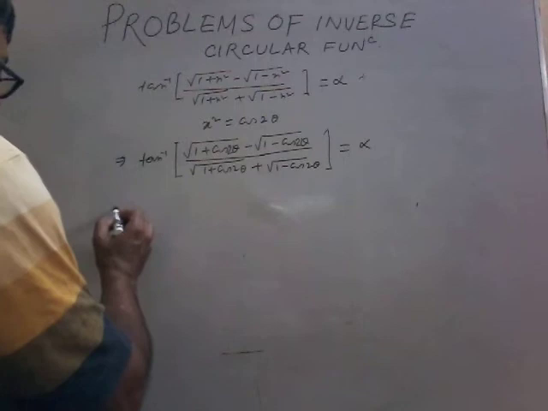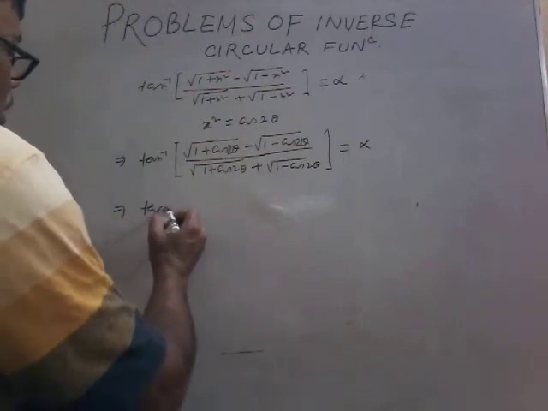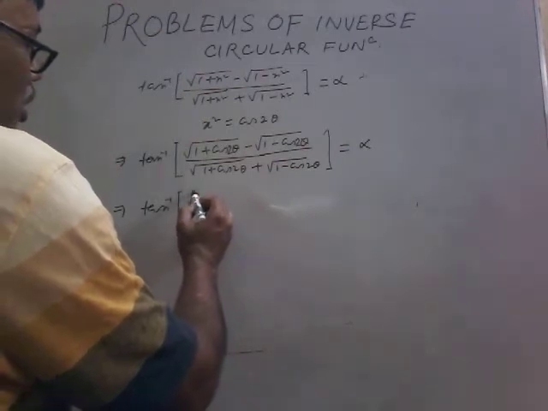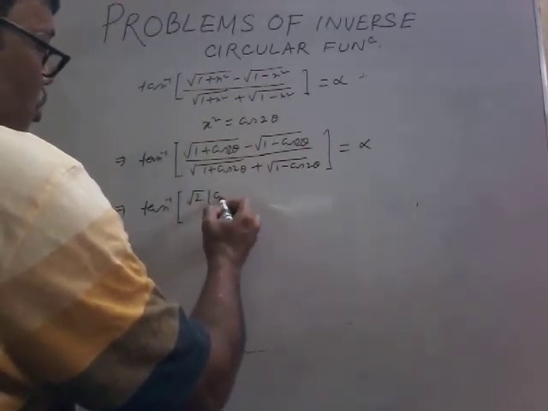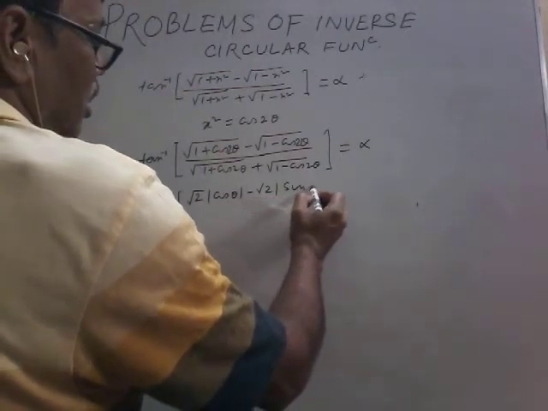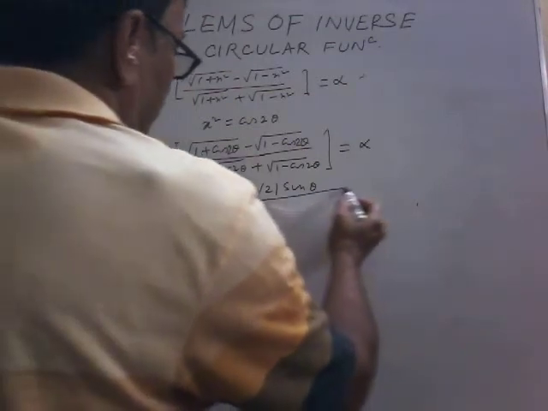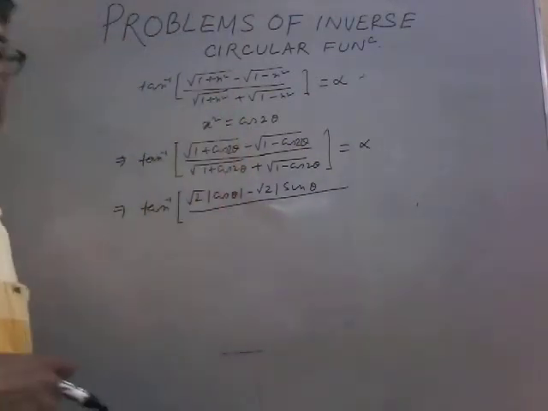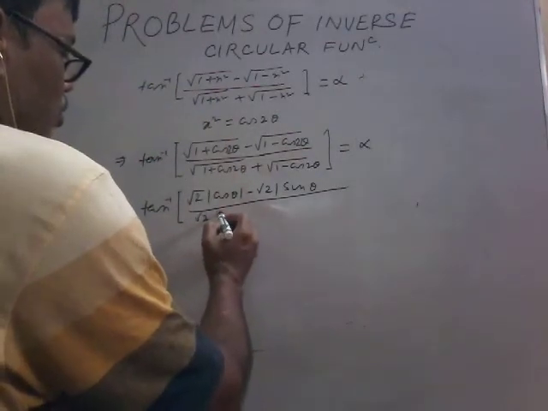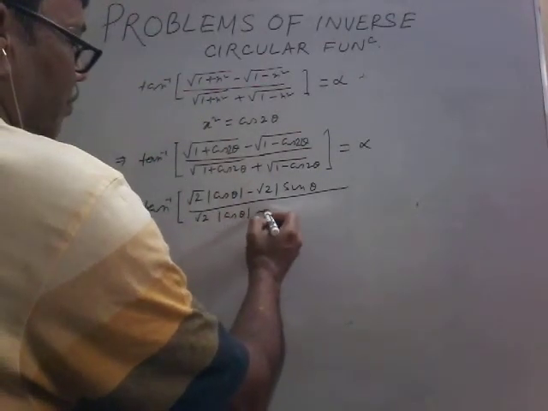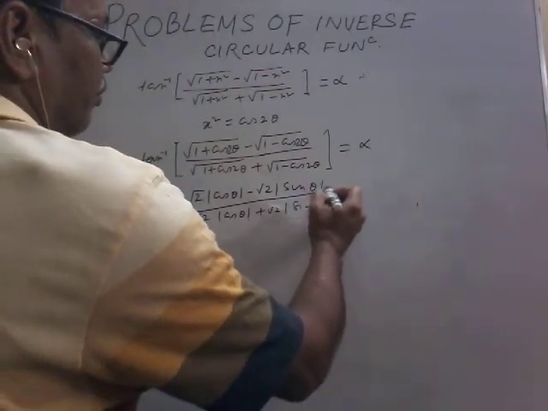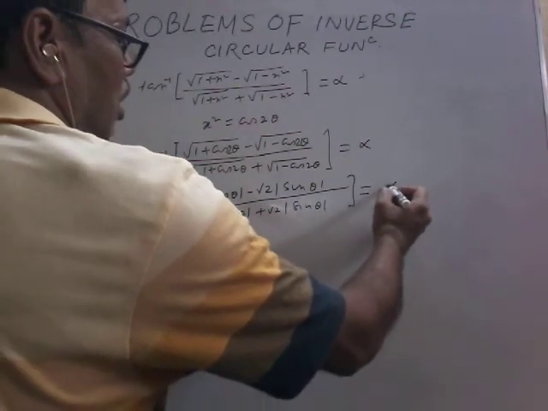Now 1 plus cos 2 theta is 2 cos square theta, so we get root 2 into mod cos theta, and root 2 into mod sin theta, equals alpha.